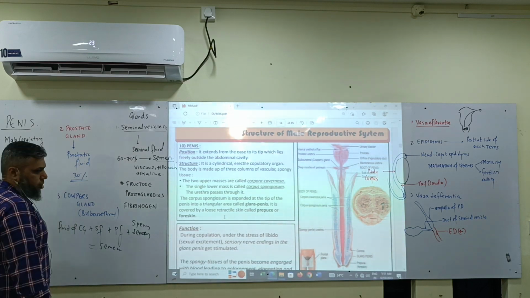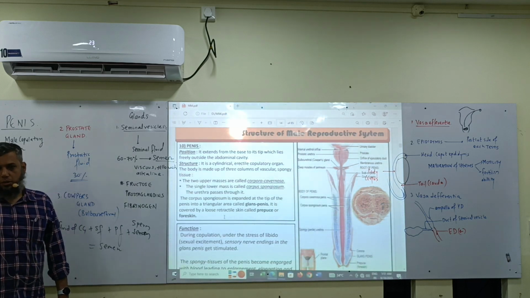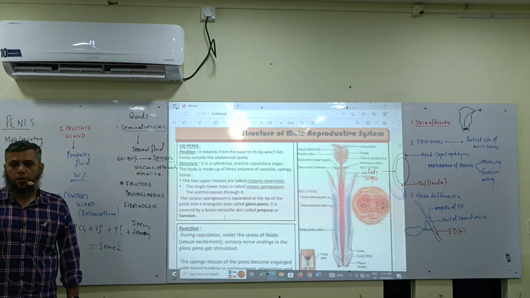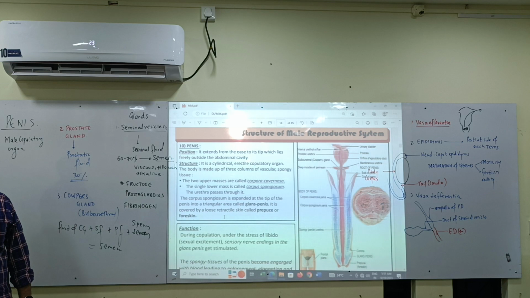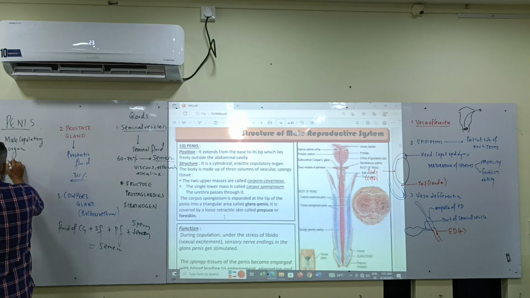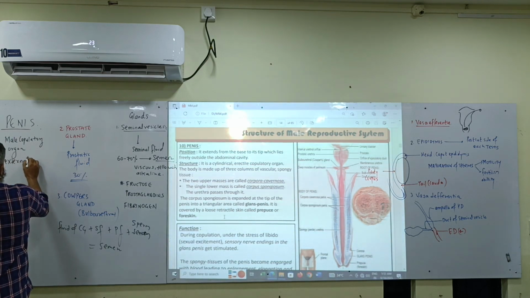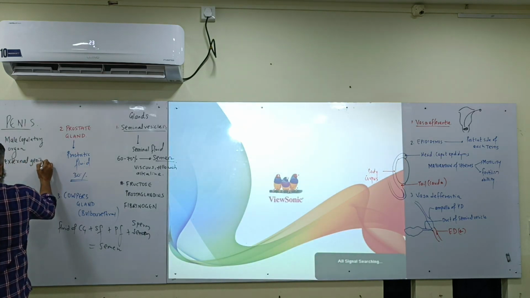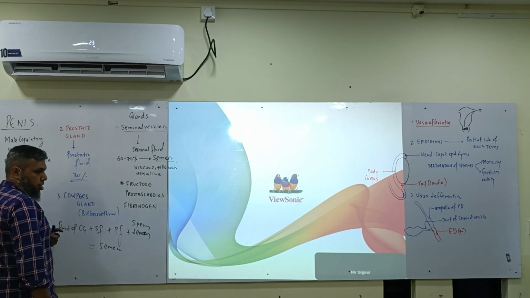Correct, बच्चों? Then, what I was trying to tell you is, is it external genitalia or internal genitalia? Along with the scrotum, it is considered as what? External genitalia. Hey, Munga, what are you doing there?